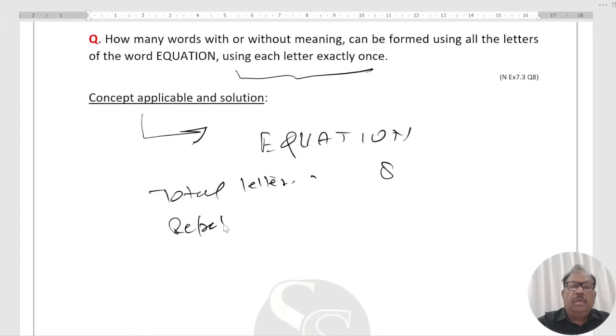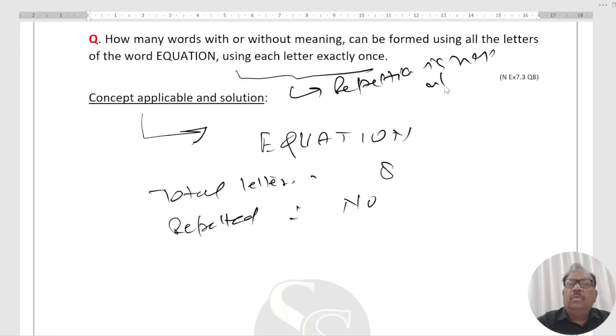Is repetition there? No. There is no repetition. Each letter is coming one time. Repetition is not allowed.